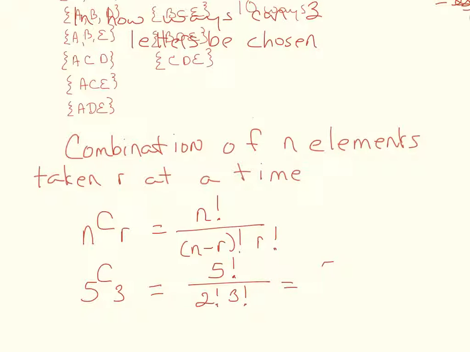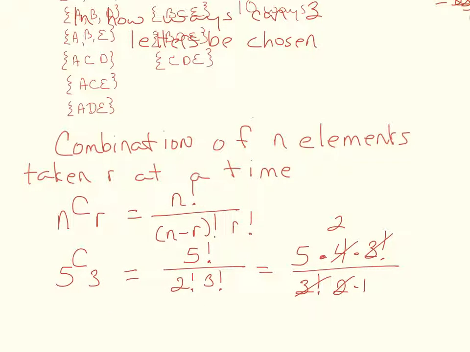If we want to list this out, we have 5 times 4 times 3 factorial over 3 factorial times 2 times 1. Well, these cancel. 2 goes into 4 twice. And just like we counted them individually, here we also get 10. Using the formula can be a whole lot quicker for us.